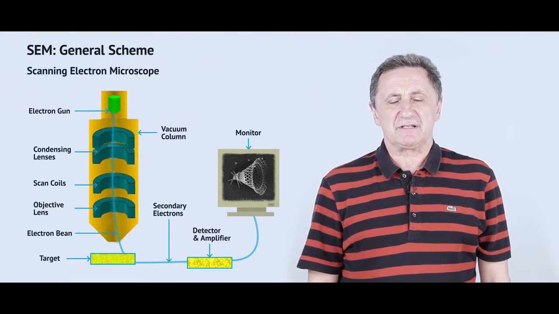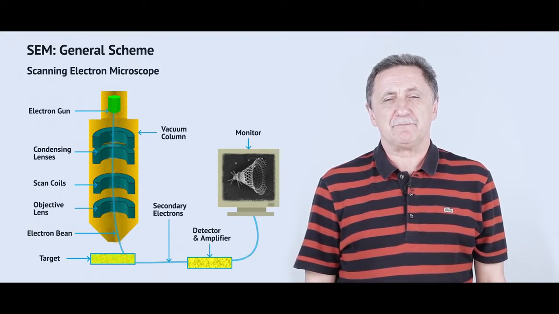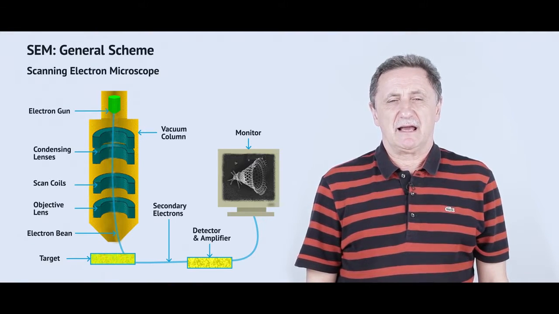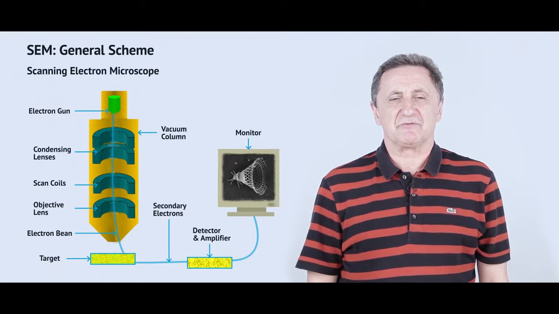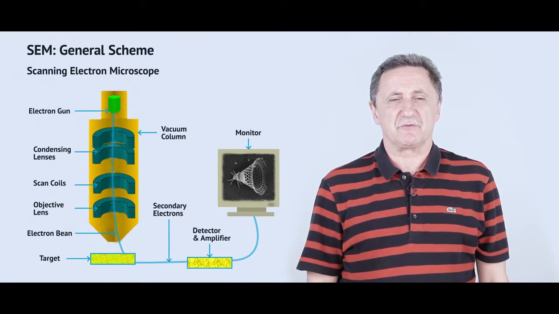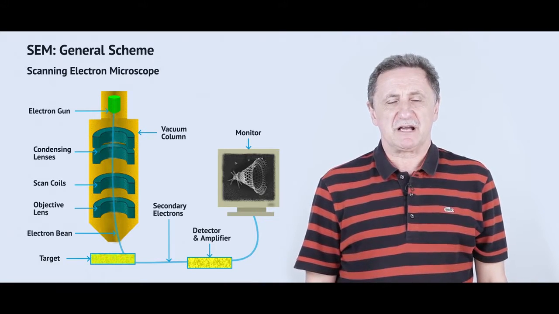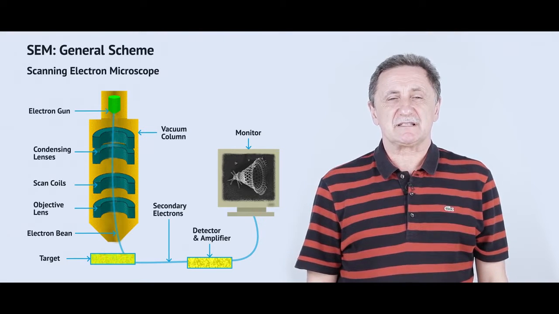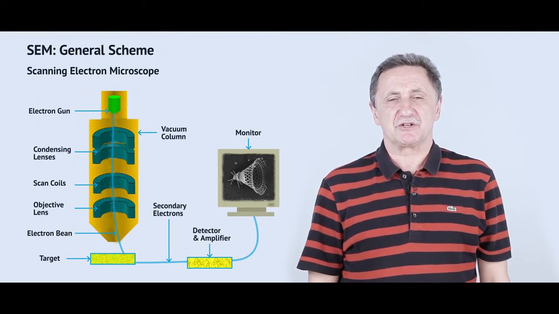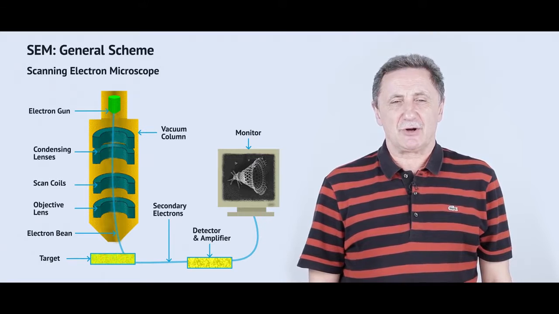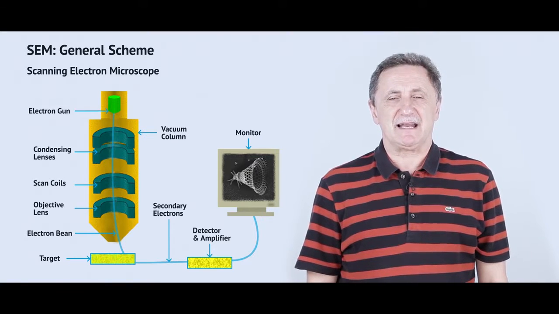However, in this case we detect the results of interaction of electrons with the surface of our material with detectors which are located on the same side as the initial electron beam. It's not transmission now, it's scanning.